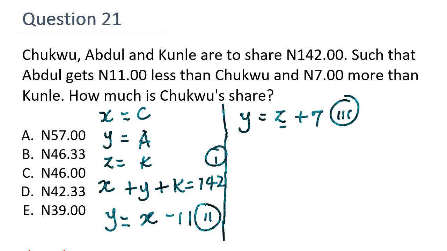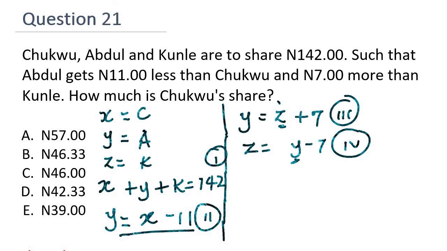So from this equation 3, if I make Z the subject of the formula, if I let it stand alone, just move 7 to meet Y to give me Y minus 7. Now let this be equation 4. Put Y equal to X minus 11 in equation 4. Remember, Y is X minus 11.